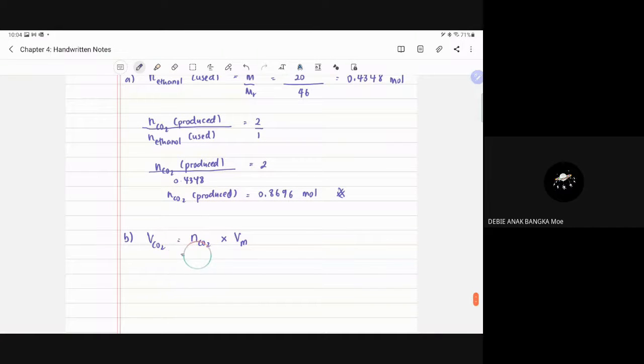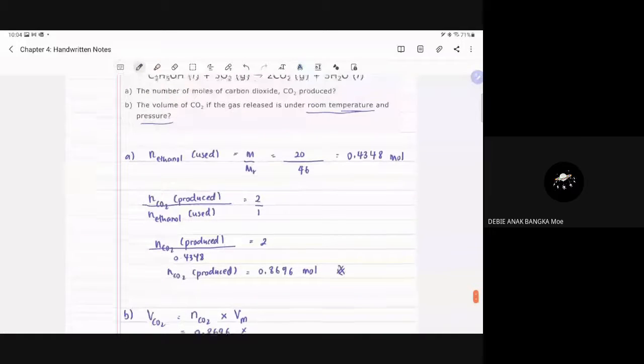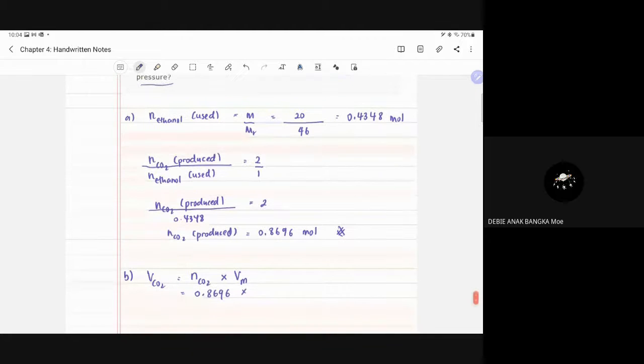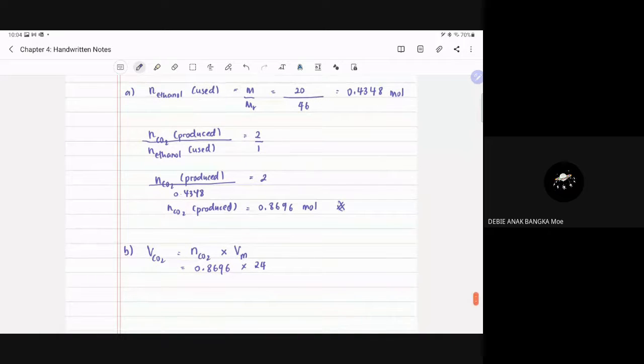So number of mole kita dah ada 0.8696 darab dengan molar volume dia adalah pada room temperature and pressure that is 24 liter per mole.